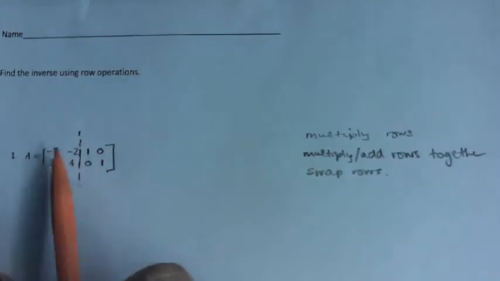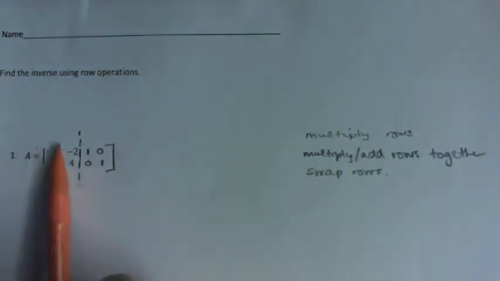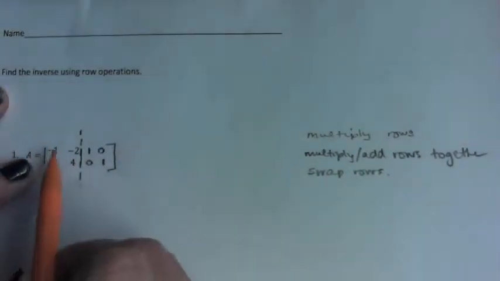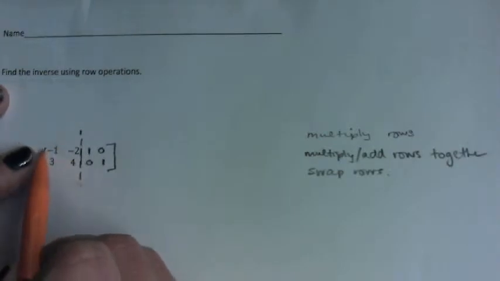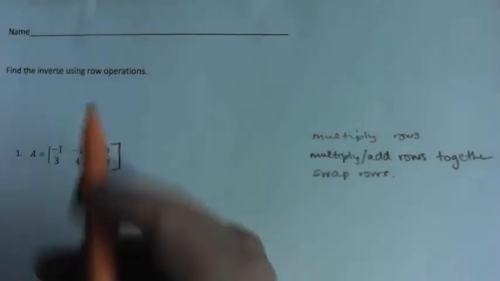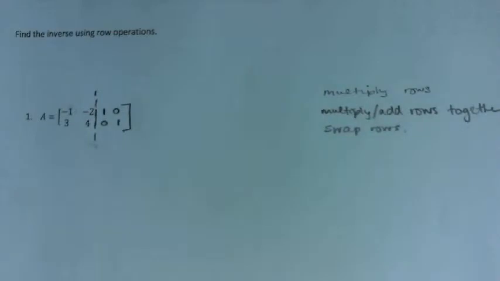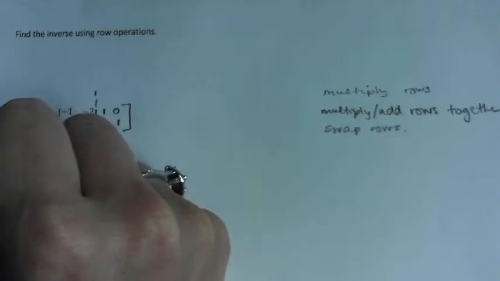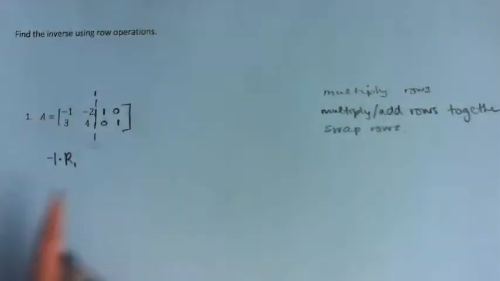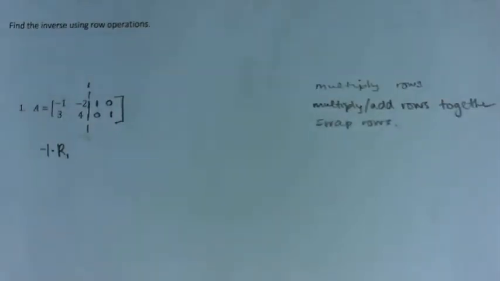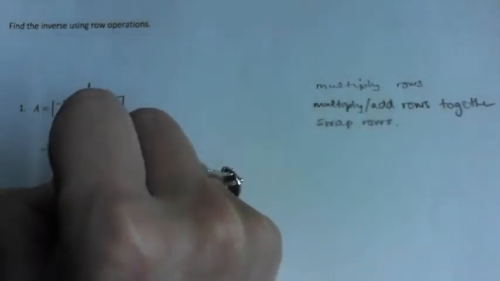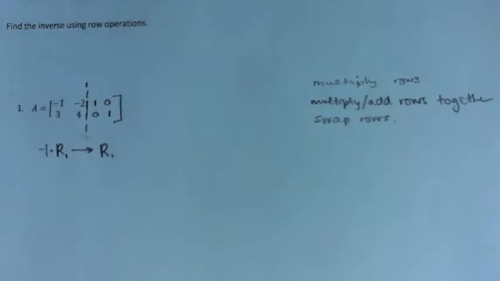It's going to be like a 3, 4, maybe 5-step process. So I like to start in the upper left-hand corner and get this to be a 1. If I want this to be a 1, I can just multiply this entire row by what? -1. Here's what I also think is very helpful because this can get confusing: I think it's really important that you write down what you're doing. So I'm taking row 1, which I'm going to use a subscript for, and multiply it by -1, and that's going to become my new row 1.